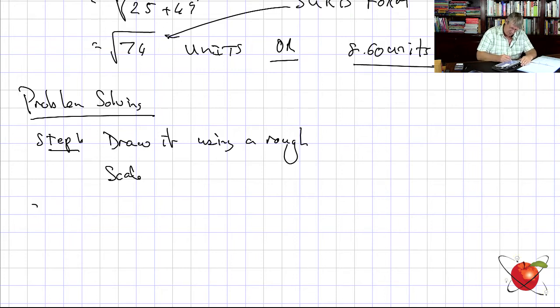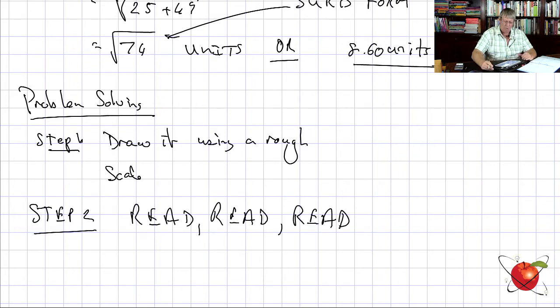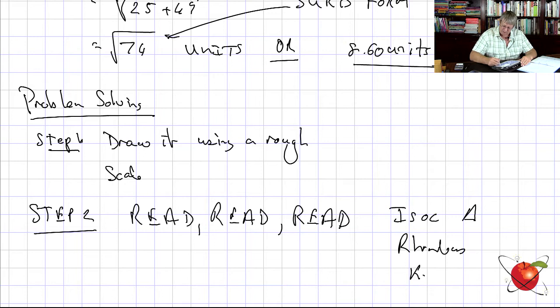Step 2. Once again, guess what? Read, read, and read it again. Why? Because the information is given in there. They will, for example, tell you that it is an isosceles triangle, or a rhombus, or a kite, or that something is parallel to something. There is information given in there.